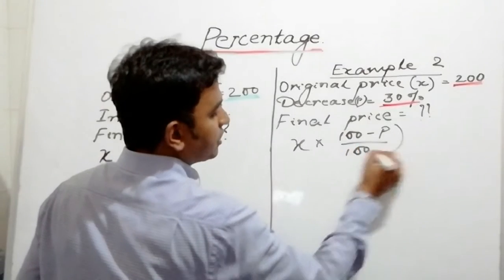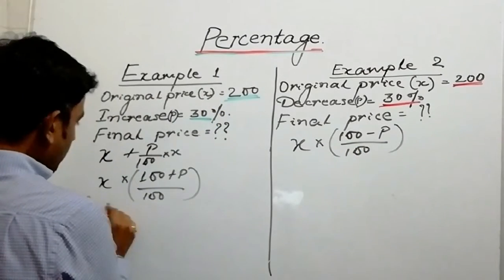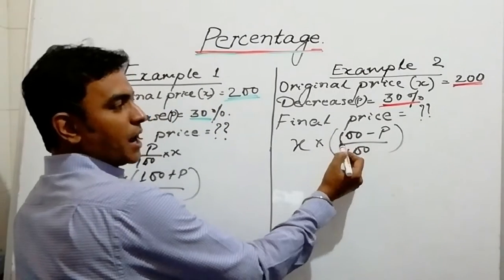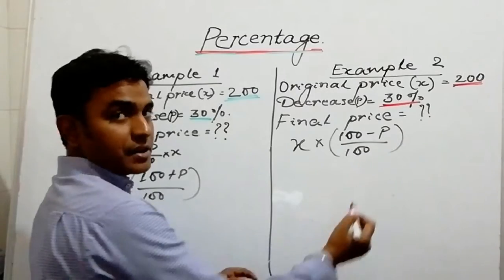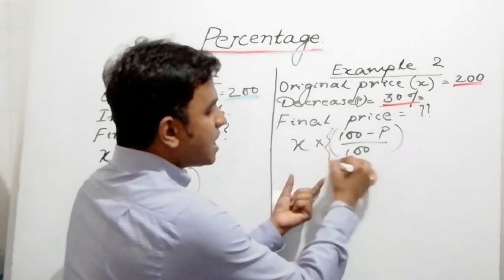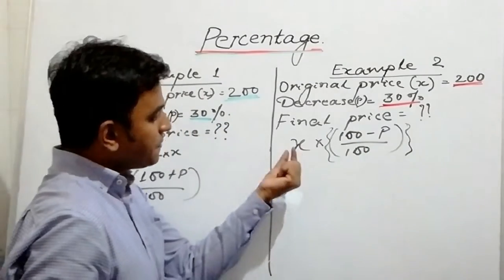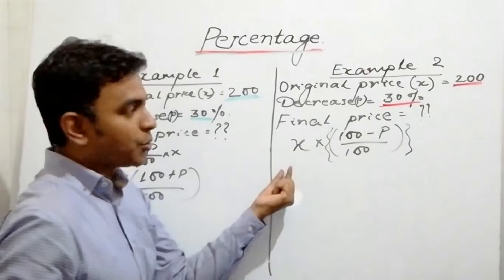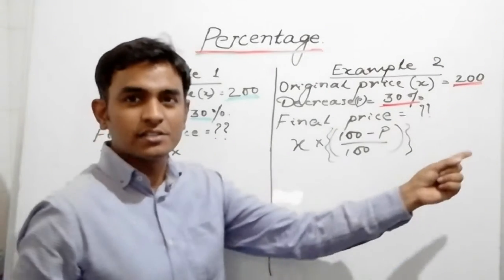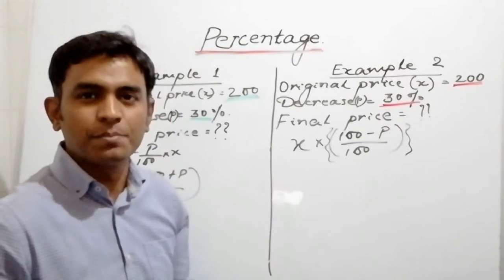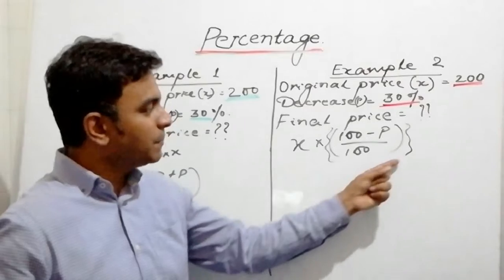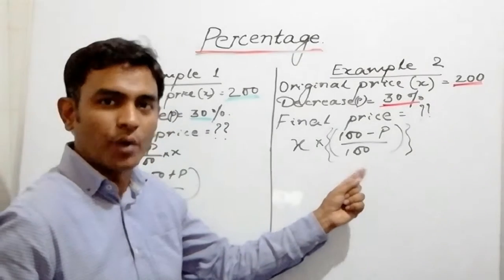This is your generic formula. Now you will see that (100 minus P) divided by 100 is always less than 1. When you find the final price post decrease, it has to be less than the original price. Hence the multiplying factor has to be less than 1.